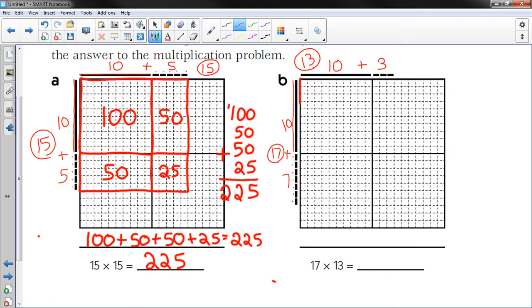Now I simply find the area of these sections of the rectangle. So this is 100. So I put 100 down here. Down below, 10 times 7, that's 70. I'm going to put that here. Now I'm going to go over here to 3 times 10, that's 30.